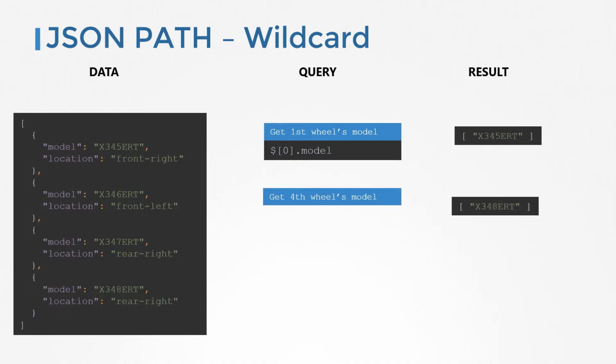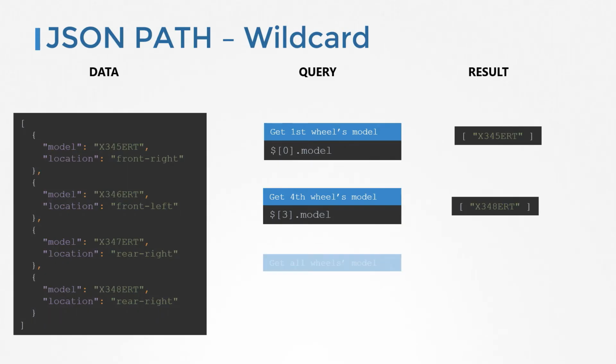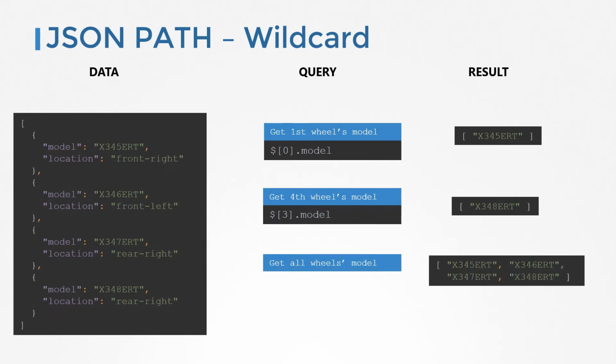Similarly, to get the fourth wheel, we would say $[3].model. But what if we want the models of all the wheels? Instead of specifying a position within the list, you could say star to say all wheels. Within an array or a list, using the wildcard star means all items in the list.